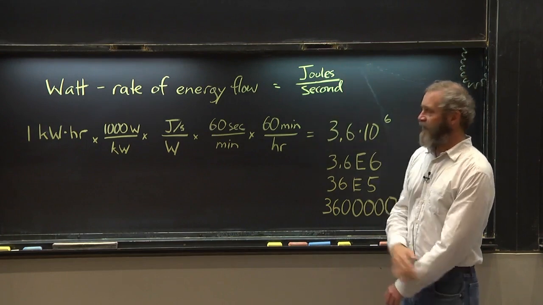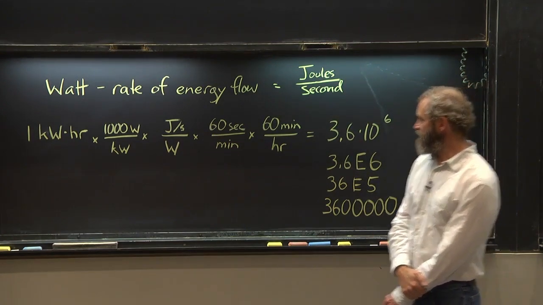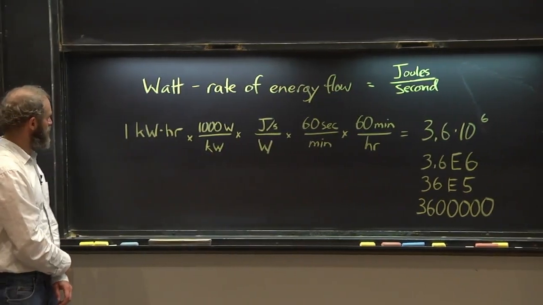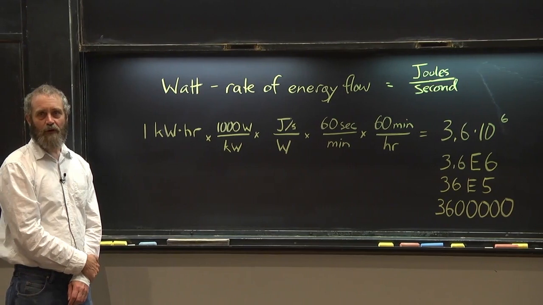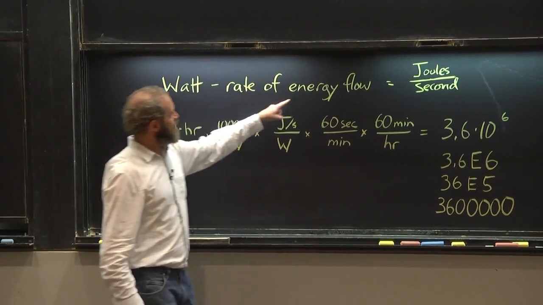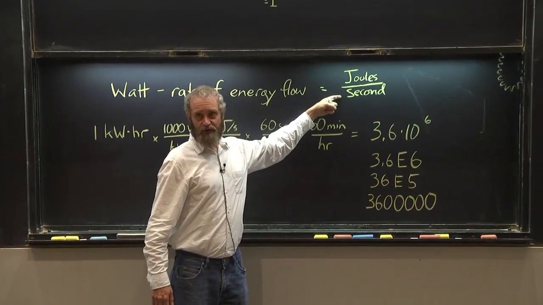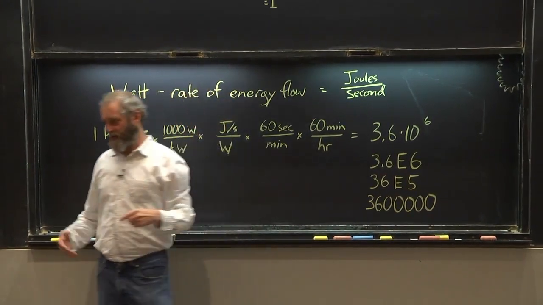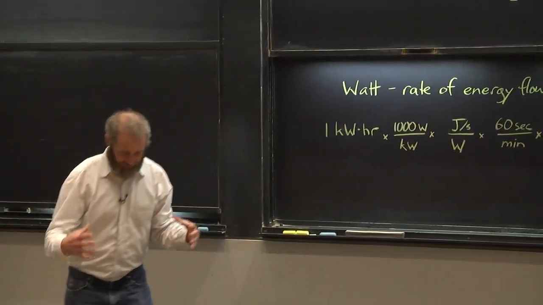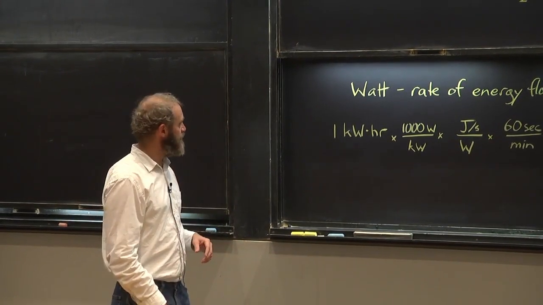So we'll get some practice at slinging units around by trying to deconvolve this very curious unit that shows up on our electrical bills, a kilowatt hour. A watt is a rate of energy flow. It's in units of joules per second. So if a joule is a quantity of energy, a watt is a rate of flow of that energy.